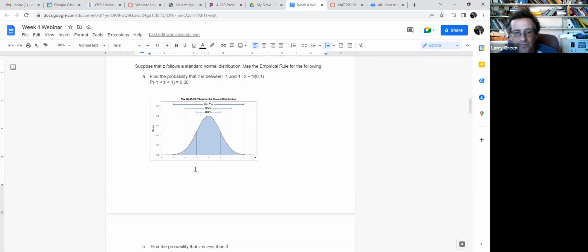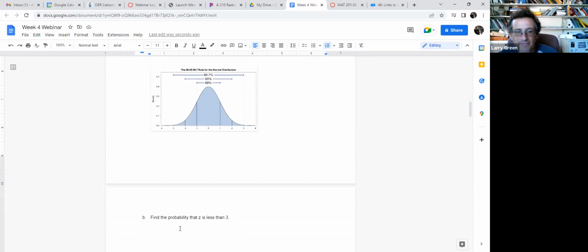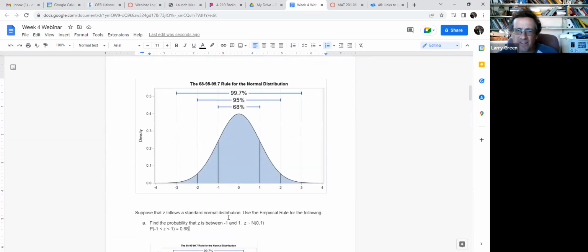Okay, so let's get to part B. Let's see if we can find the probability that z is less than 3. This one's going to be a little bit harder. So here's 3 right here, on the far right. The probability that z is less than 3 is the area to the left of 3.